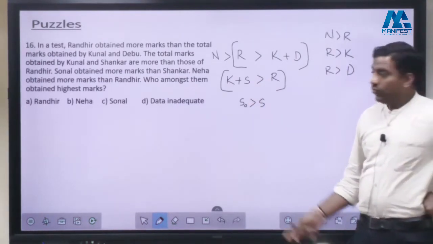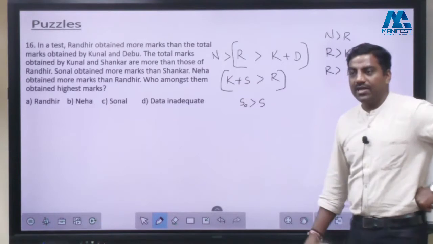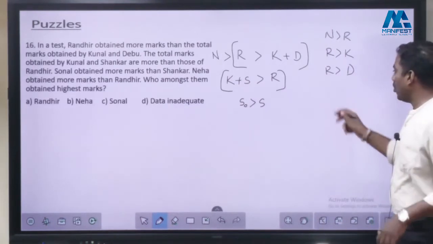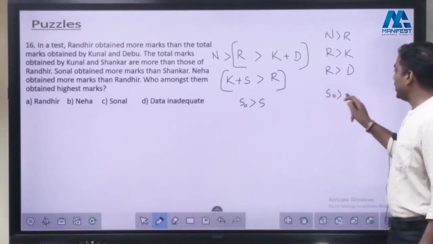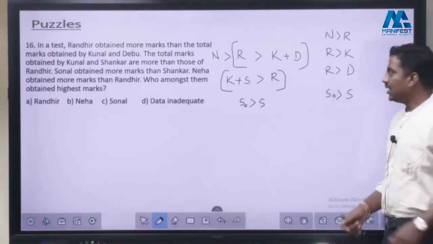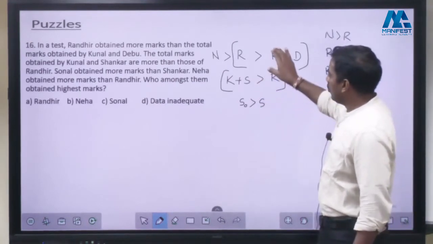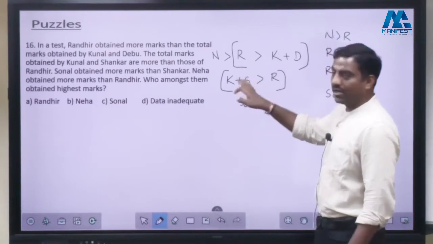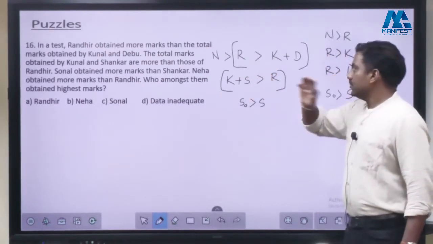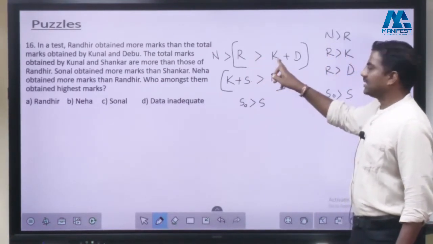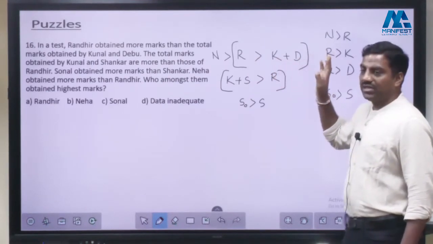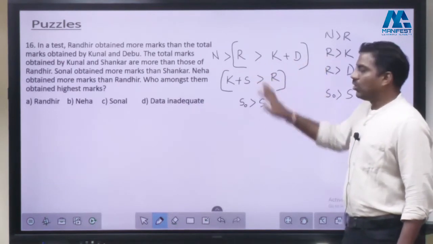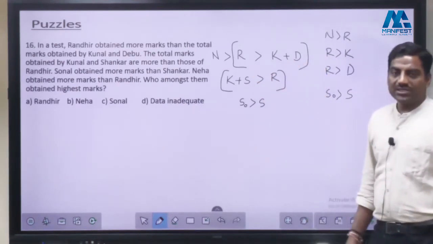Yes or no? We cannot create a relation between Shankar and Kunal also. Yes or no? But we know Sonal is more than Shankar. But you look at only these two, okay? Think of Ranadhir. And here Kunal is there. When Kunal is supported by Debu, then also they cannot cross Ranadhir.